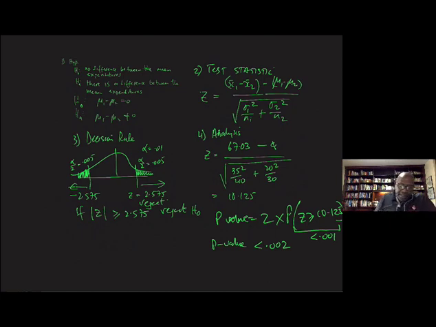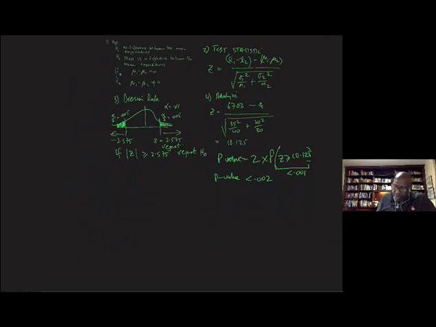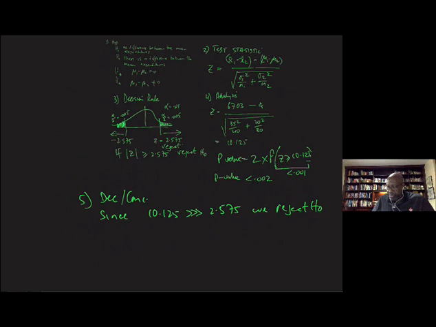Last but not least, step 5, our decision conclusion. If we're doing the critical value approach, 10.125 is not just greater but much greater than 2.575, so we will reject the null hypothesis.